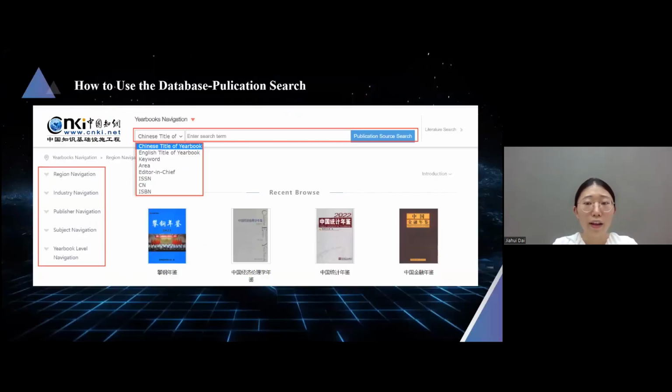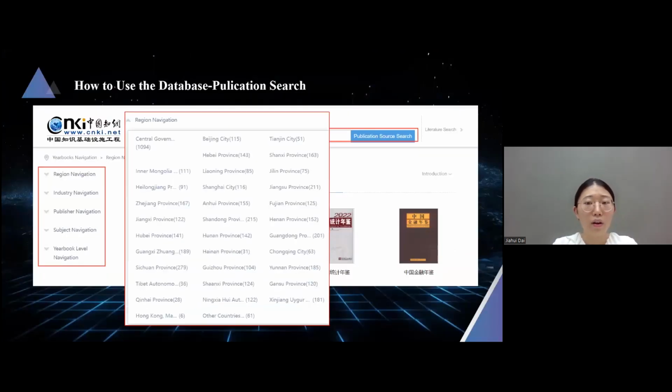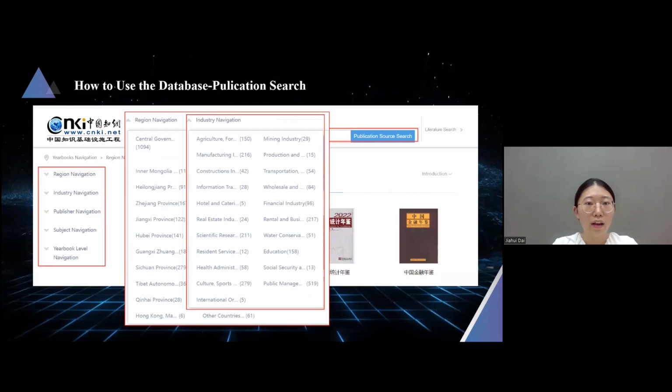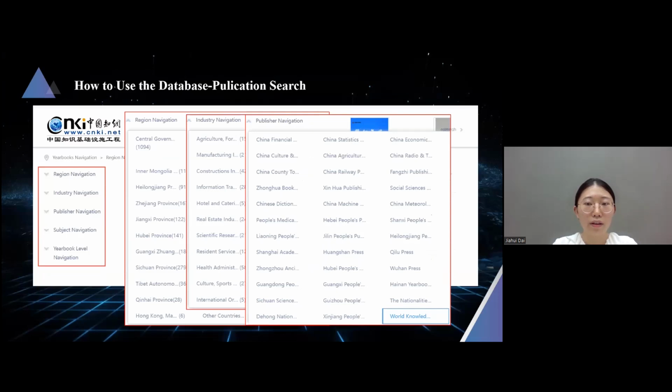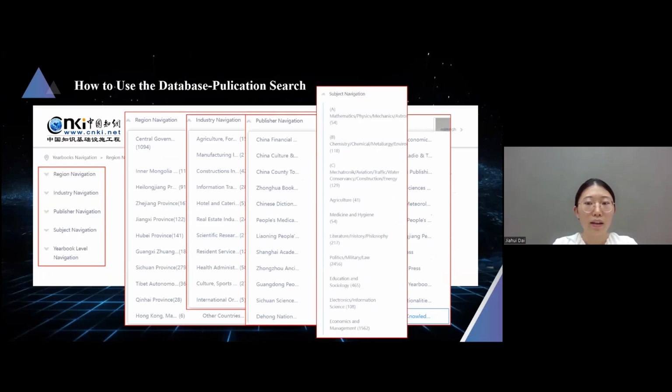There are 5 navigation dimensions on the left, namely region navigation, industry navigation, publisher navigation, subject navigation, and yearbook level navigation. We can click them to browse corresponding yearbook publications.